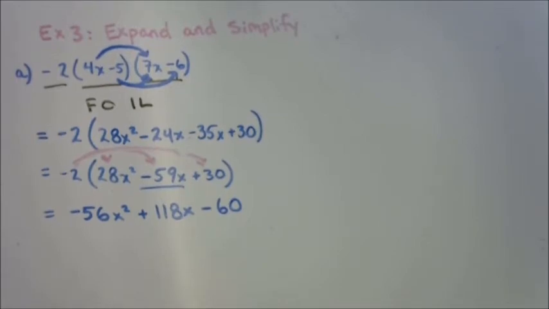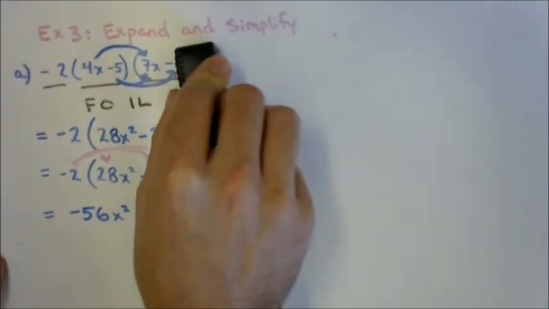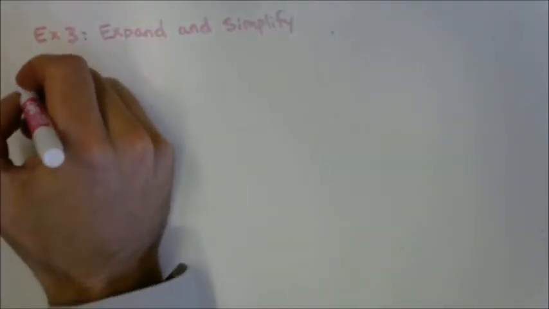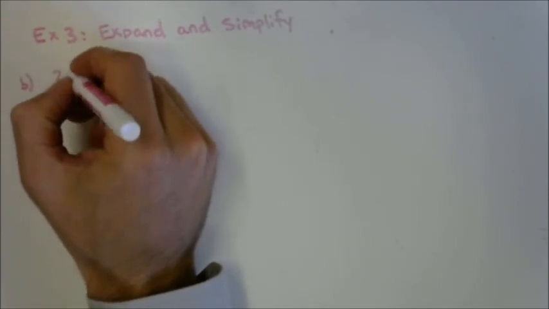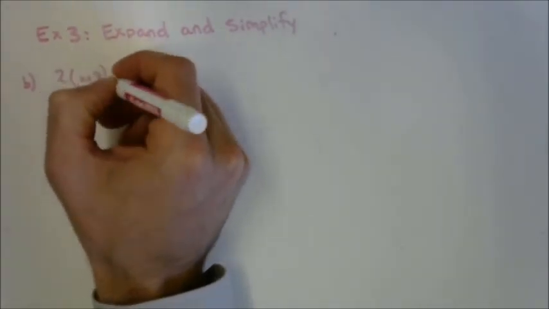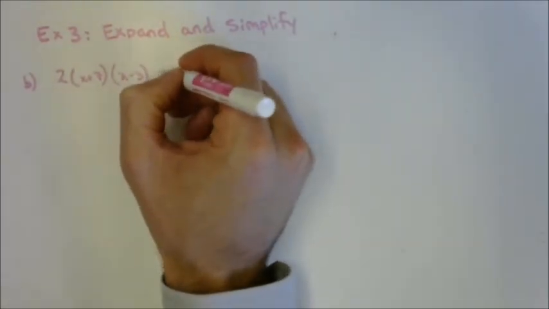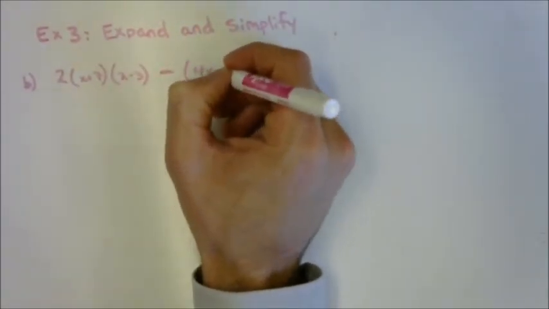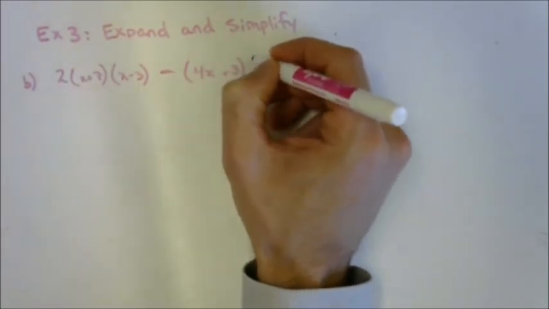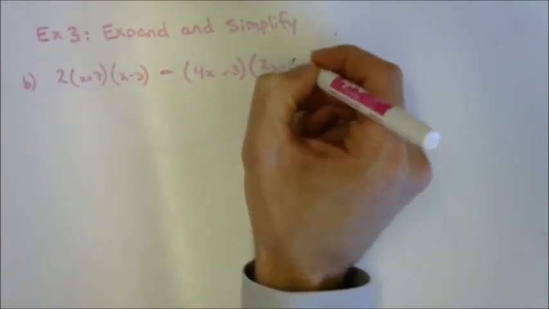Let's do the last one, which is a multi-step one. I'm going to clear this. Double check that your b is the same as my b. I've got 2x plus 7 times x minus 3, and then minus 4x plus 3 times 2x minus 1.